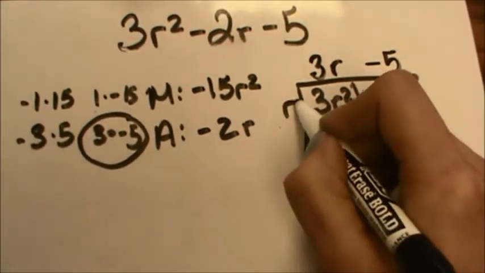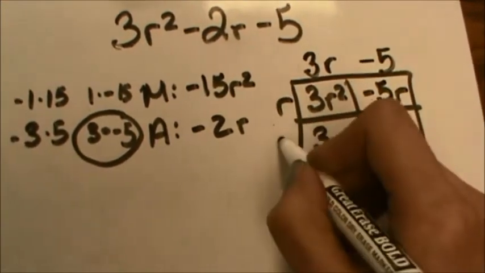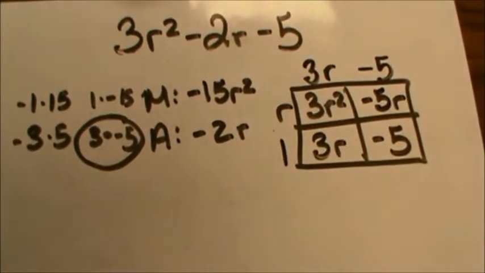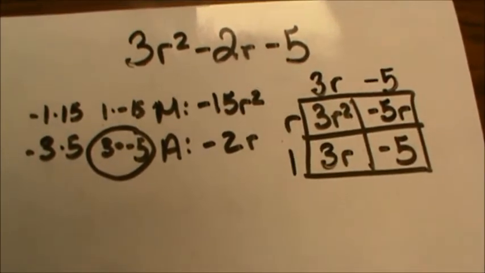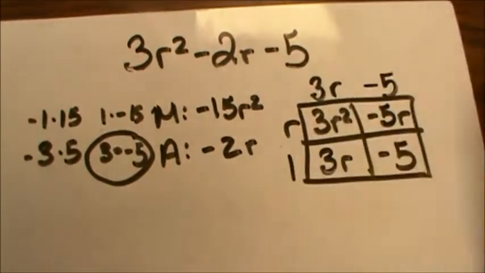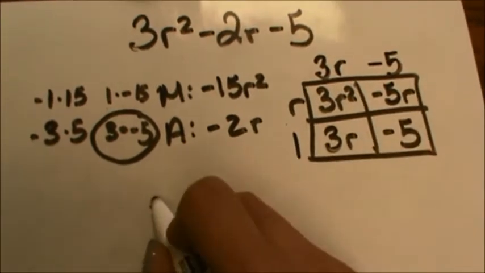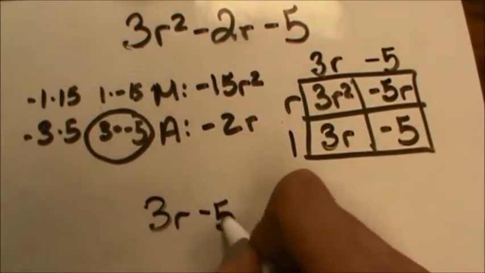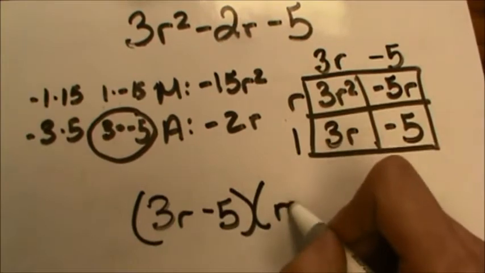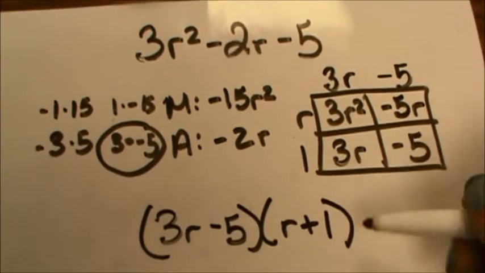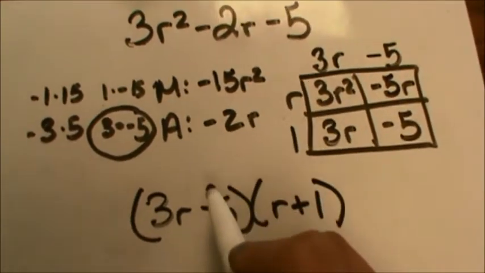Across here is just an r, and across here they have nothing in common. So I'm going to use a 1. That means, in order to get this polynomial, I needed to multiply 3r minus 5 times r plus 1. So this is the factor form.